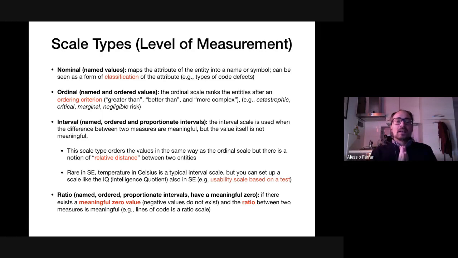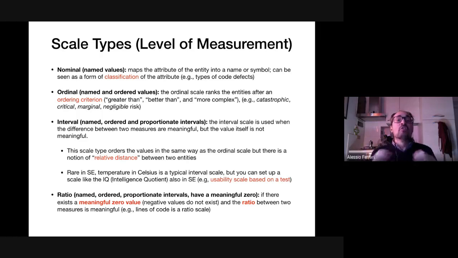These are not so frequent in software engineering, but imagine, for example, the temperature in Celsius or Fahrenheit. This is a typical interval scale. So the difference between 38 degrees and 39 degrees makes sense. It's 1 degree. But there is no actual meaningful zero value.